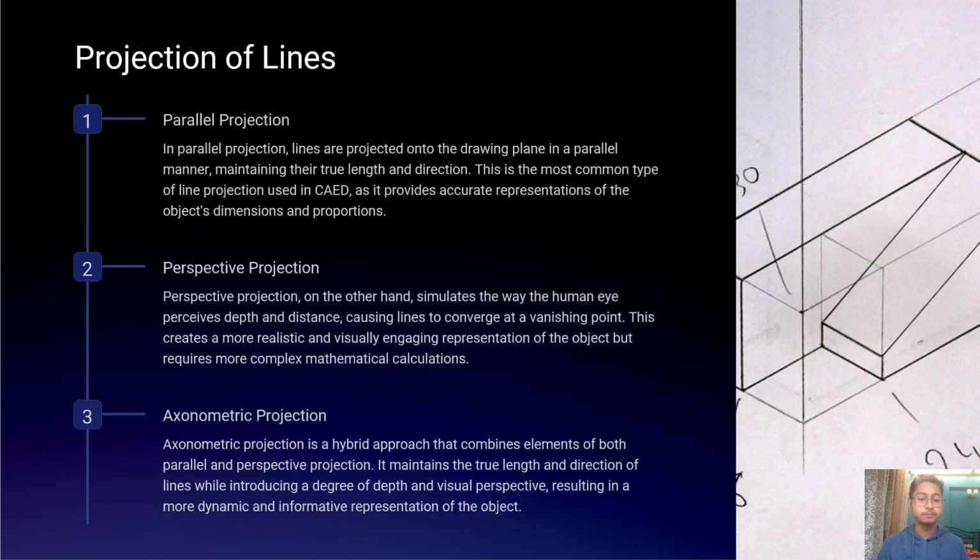Axonometric projection. Axonometric projection is a hybrid approach that combines elements of both parallel and perspective projection. It maintains the true length and direction of lines while introducing a degree of depth and visual perspective, resulting in a more dynamic and informative representation of the object.